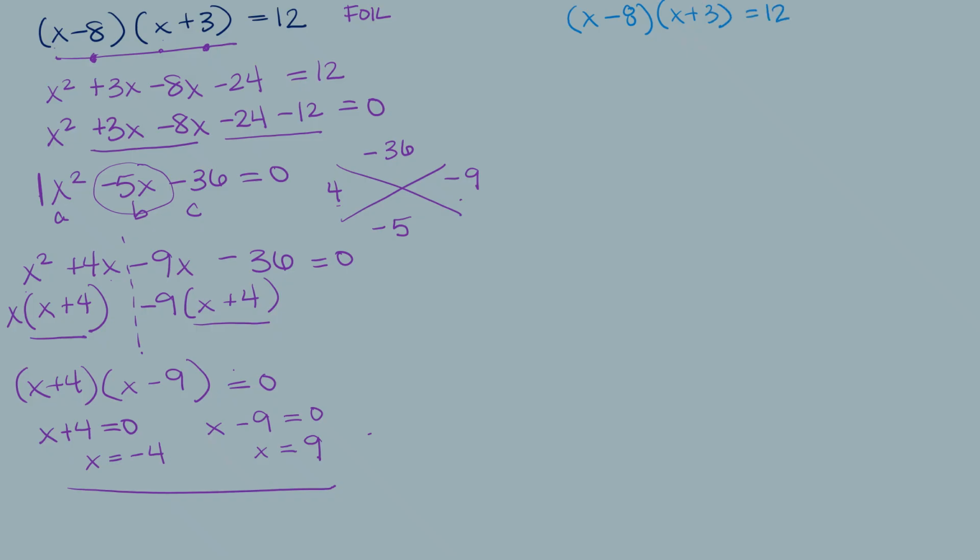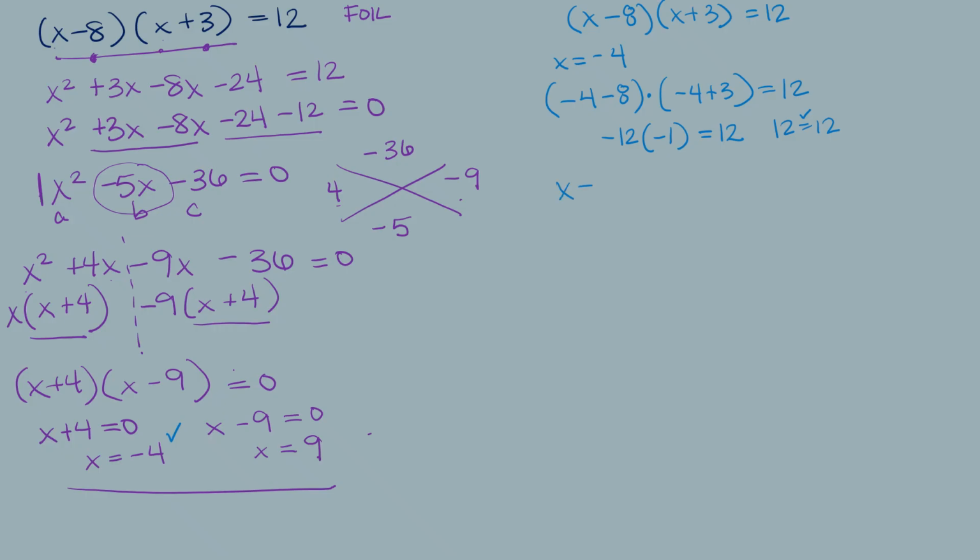So if we're testing x equals negative 4, we have negative 4 minus 8 in the first parentheses multiplied by negative 4 plus 3. And we're trying to see if this is equal to 12. So negative 4 minus 8 is negative 12. And then we're multiplying that by negative 4 plus 3, which is negative 1. So negative 12 times negative 1 is equal to 12. So this checks out, and negative 4 is a possible solution.